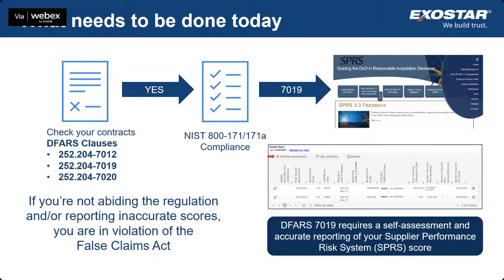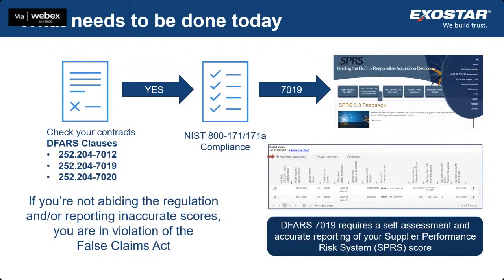If you have DFARS clauses 252.204-7012, 7019 or 7020, and you receive controlled unclassified information from who you're contracting with, be that the Department of Defense or a prime who has a contract with the Department of Defense, you're required to protect that controlled unclassified information in accordance with NIST 800-171.